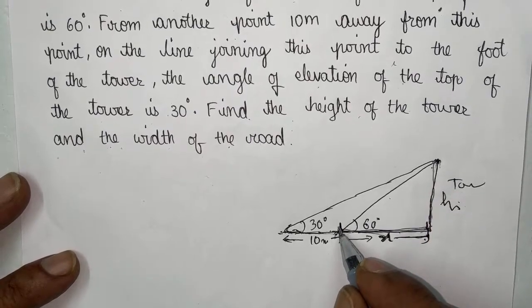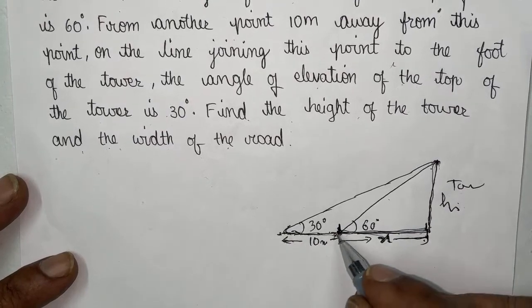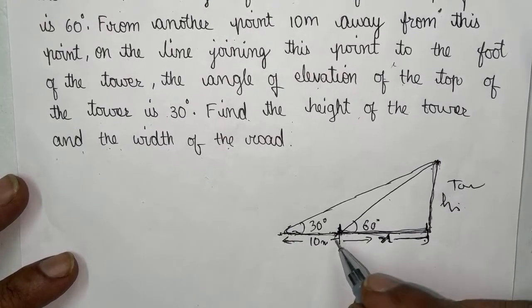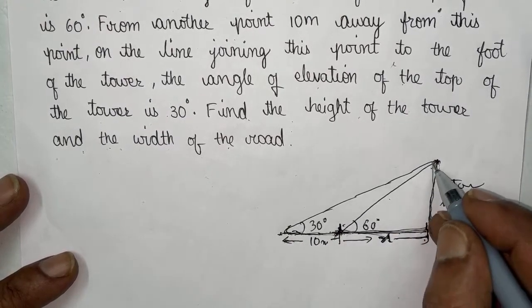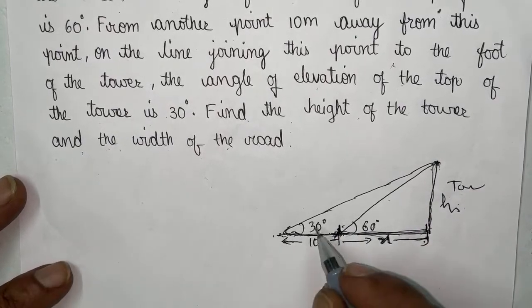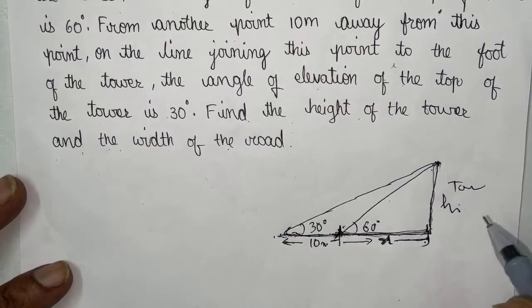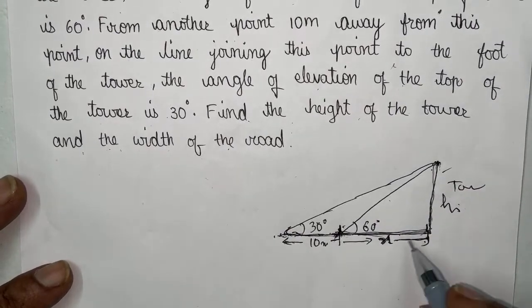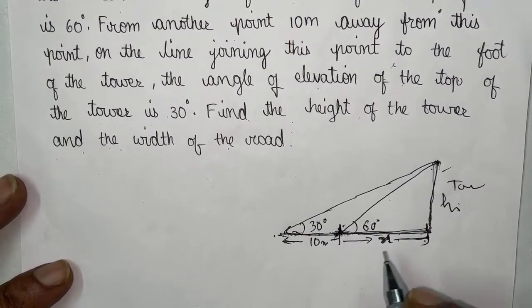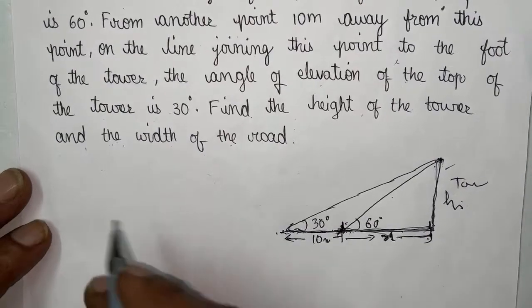The observer standing here walks 10 meters. First, at the end of the road, he observes at an angle of 60 degrees, walks 10 meters, and again observes at an angle of 30 degrees. So it is our duty to find the height of the tower and the width of the road.